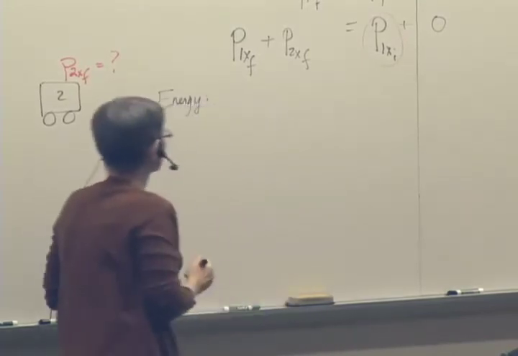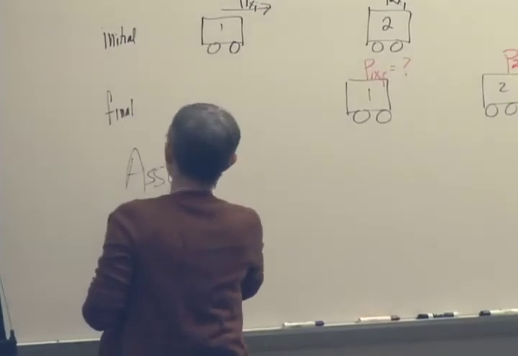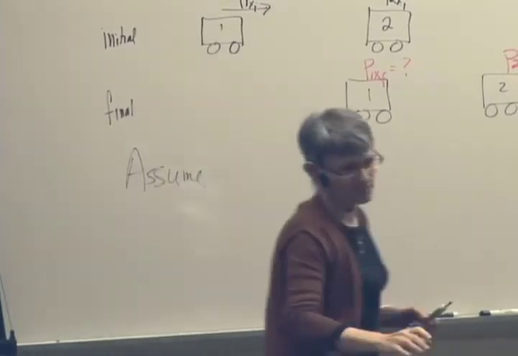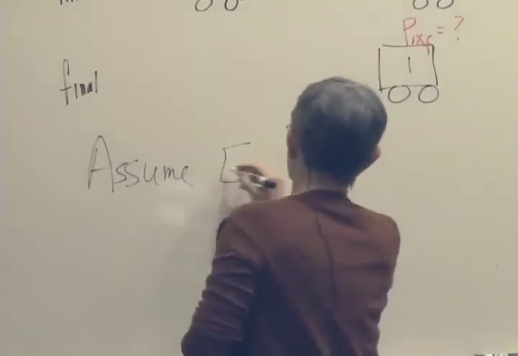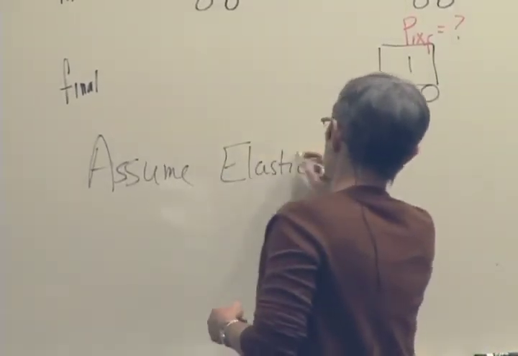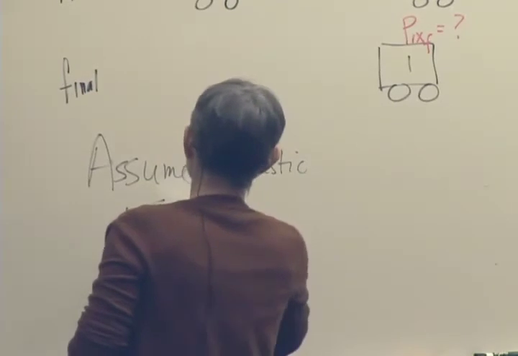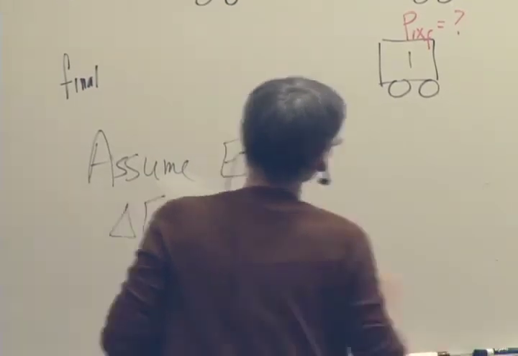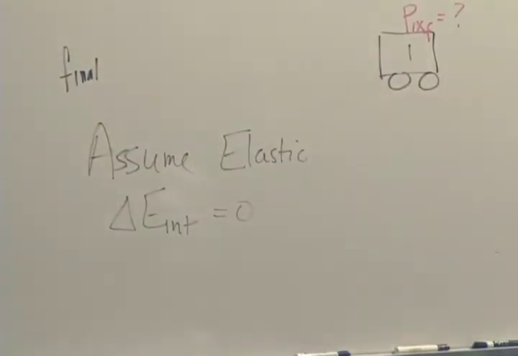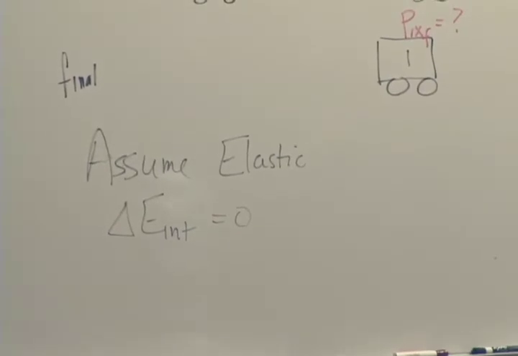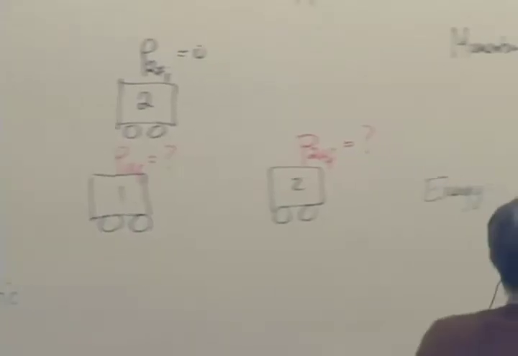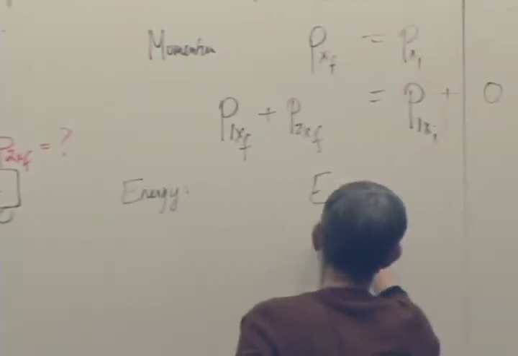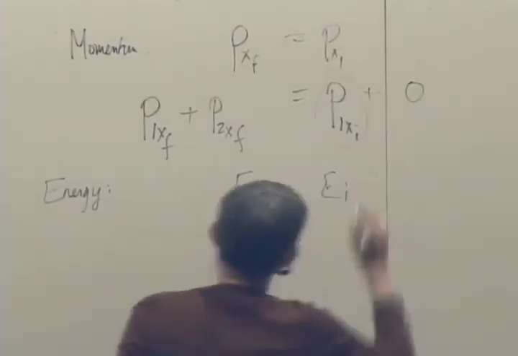And we're going to make an assumption here. Assume that this is elastic. So change in internal energy is 0. And so we have E final is E initial plus 0.